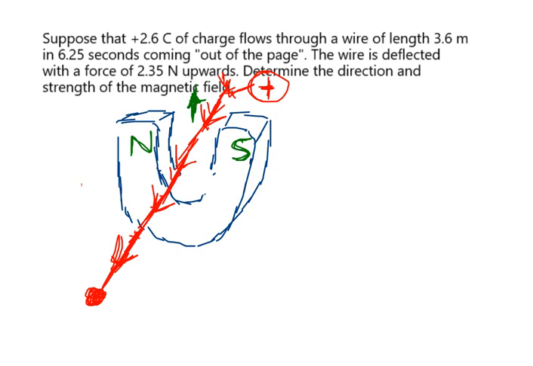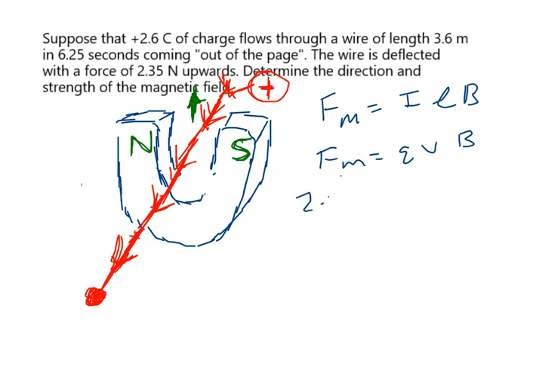Okay. We have two formulas. I have the formula of Fm equals ILB. That one doesn't really fit here. Why don't we use the other formula, which is QVB? Now, I have a force, right? This force number here is 235. I have a charge, 2.6 coulombs.